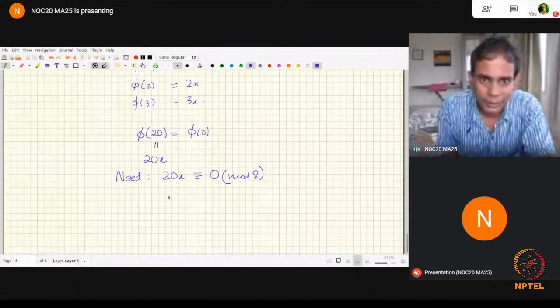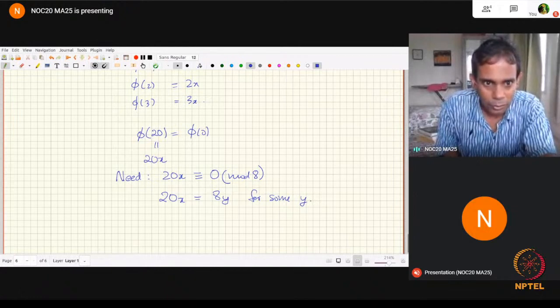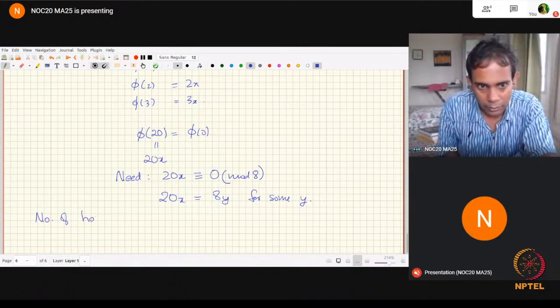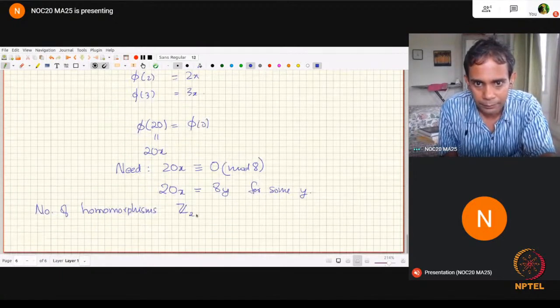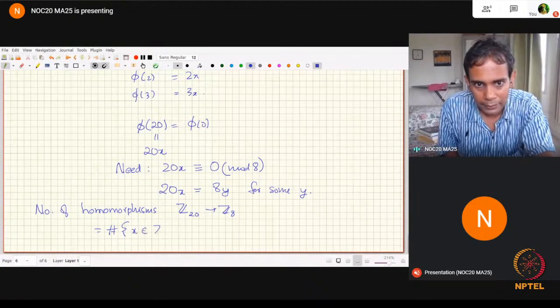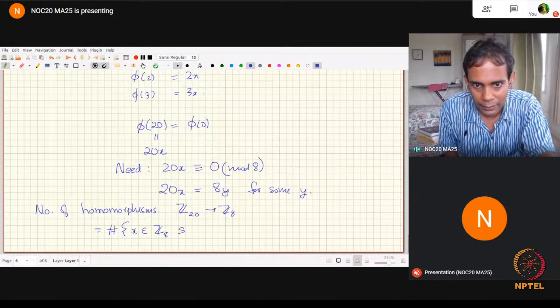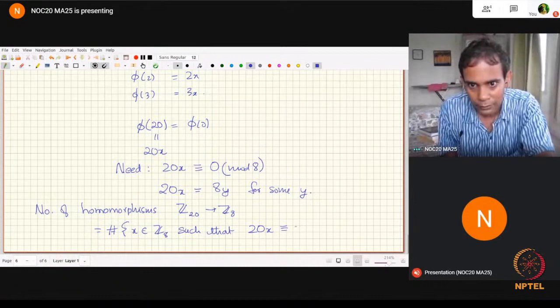So what we're asking is, the number of homomorphisms from Z20 to Z8 is equal to the number of elements x in Z8, that means elements mod 8, such that 20x is congruent to 0 mod 8.